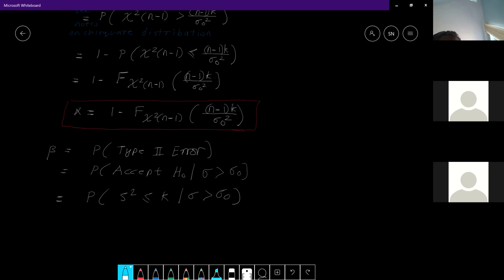Okay, so this will be, let me write down the formula for S squared, which is 1 over n minus 1 times the sum of xi minus x bar squared less than the constant k when sigma is greater than sigma 0.